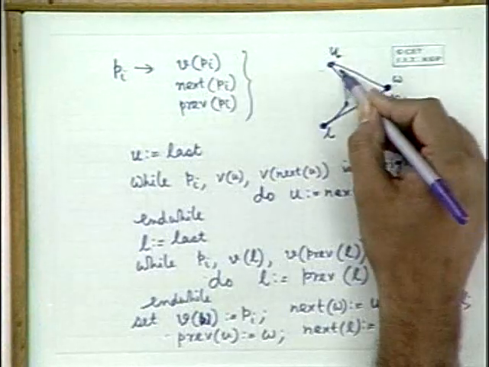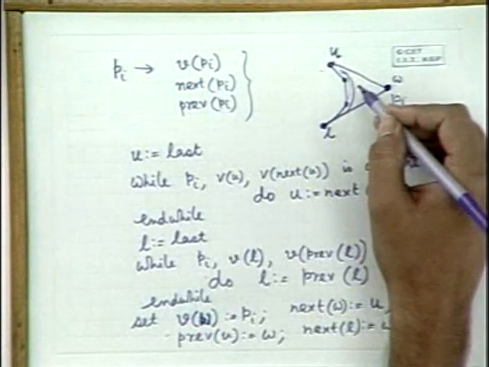But look at this: if there are k points, we are also deleting k minus 1 points, and these k minus 1 points will never reappear in the computation at all. Those points which you are deleting, like this part here, will never come back into the computation again.